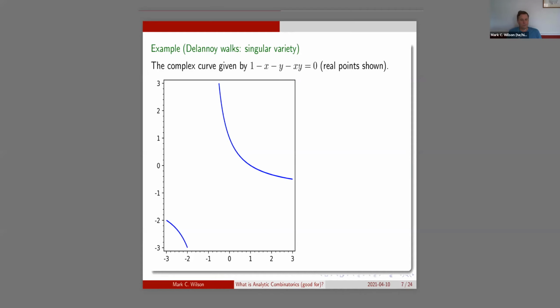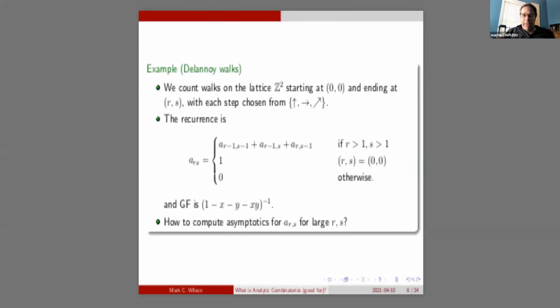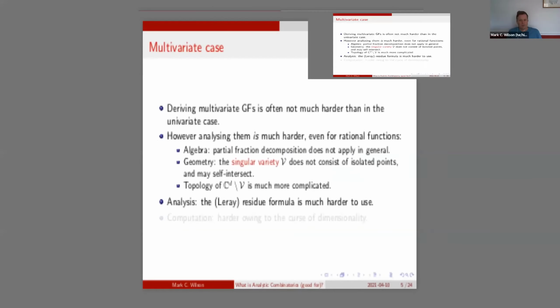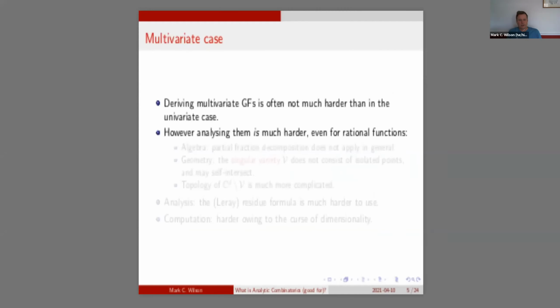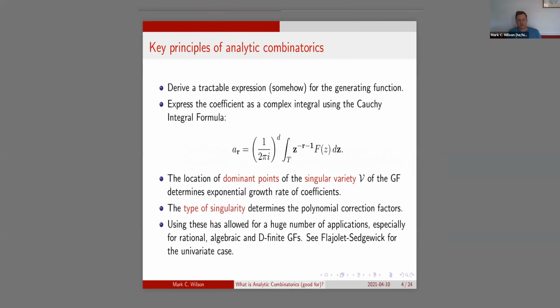Sorry. Mark, Seth has a question. He's asking, what is the singular variety of a function? What do you mean by singular variety here? It is the set of zeros of the denominator, if you have a rational function. That's the easiest way. Of course, we could be more general, but let's just think about a rational function for now.